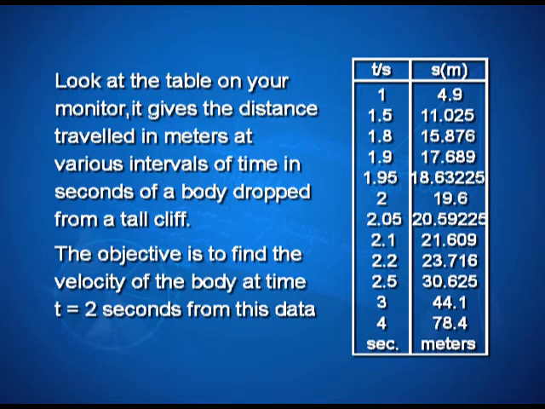At 1.5 seconds, 11.025 meters, at 1.8 seconds it is 15.876, at 1.9 it is 17.689. As we approach 2, at 1.95 seconds it is 18.63225 meters, and at 2 it is 19.6 meters.